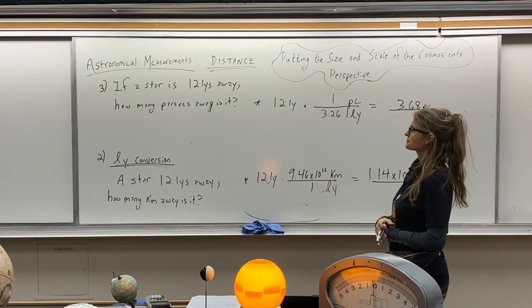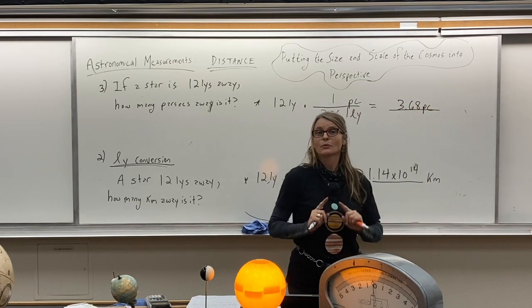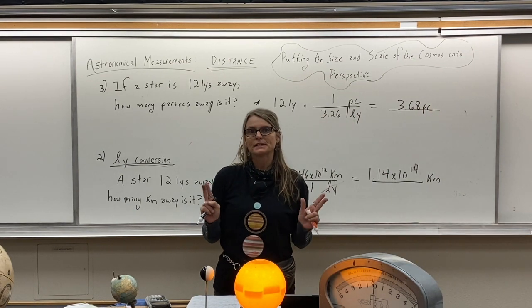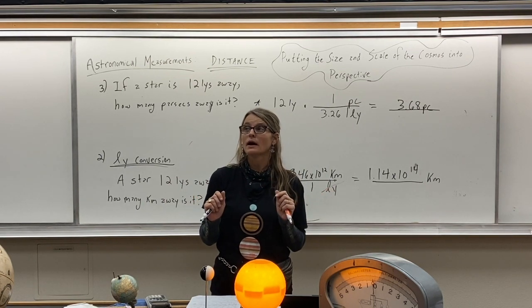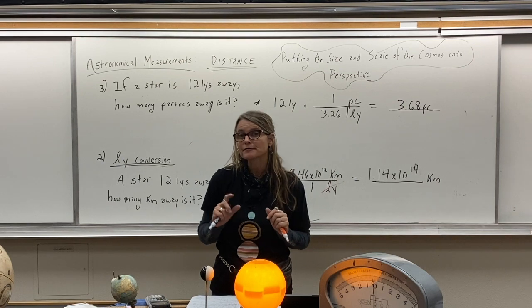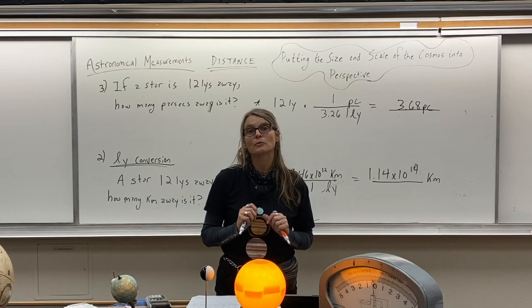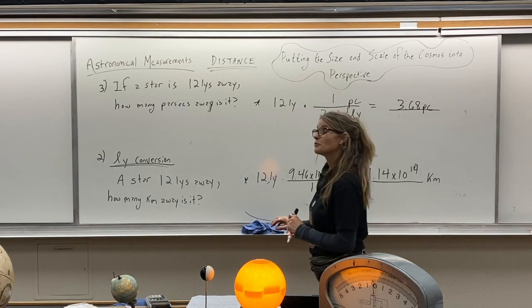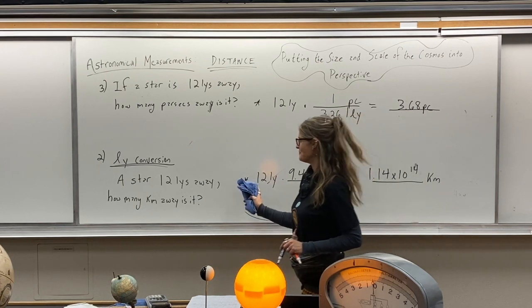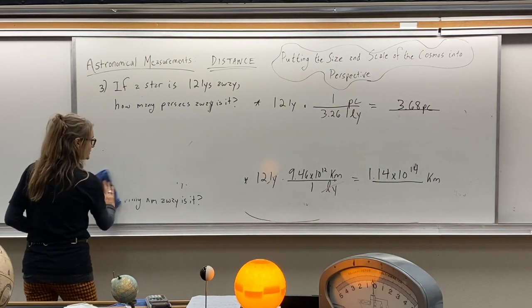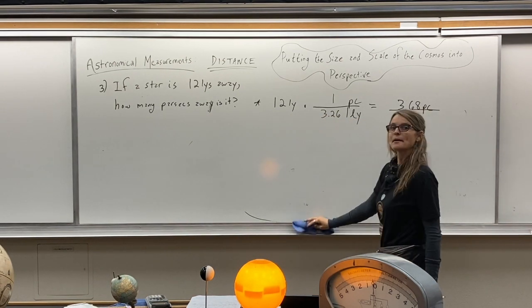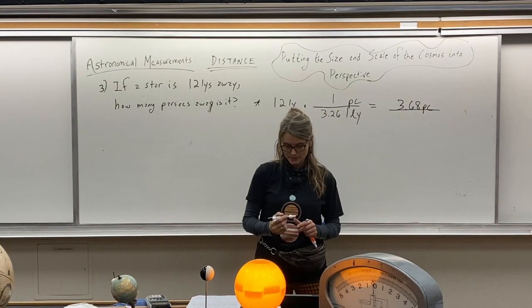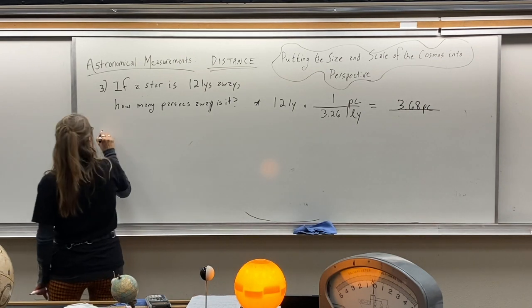PC. Okay, and next question, next thought is, if you're given these distances in light years, can you figure out how long ago that light left that star or that object that we're looking at? And that's equivalent to something called look-back time. So if we have a star that is 12 light years away, what does that mean in terms of the light we're seeing?